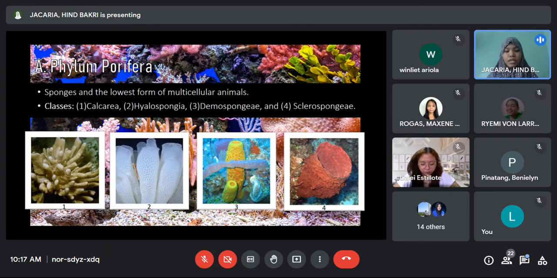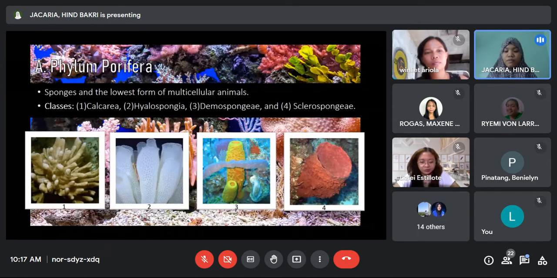They have a hard internal skeleton that is composed of aragonite, a mineral made of calcium carbonate. The pictures you see: number 1 is an example of the first class, Calcarea. Number 2 is the Hyalospongia, number 3 is the Demospongia, and number 4 is the Sclerospongiae.